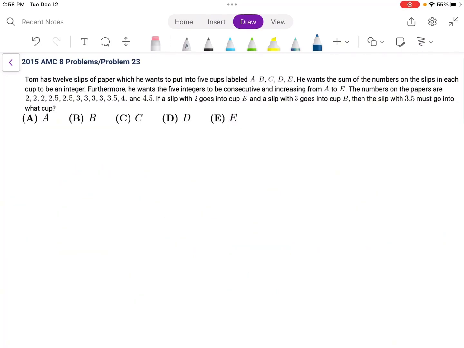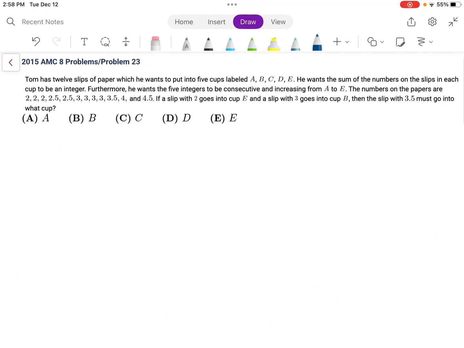Problem 23. For this problem, because A, B, C, D, E will end up with 5 integers, and these integers are consecutive, therefore, C must be the mean of these 5 numbers.